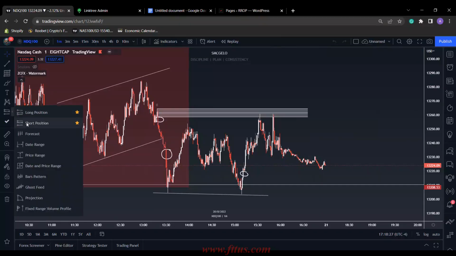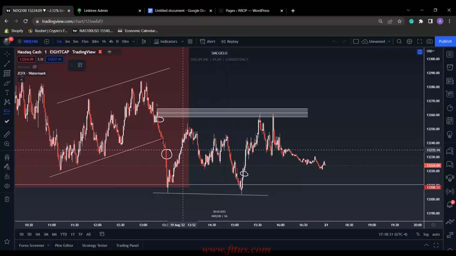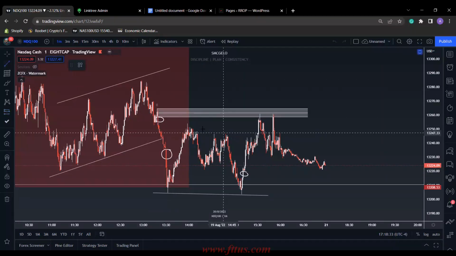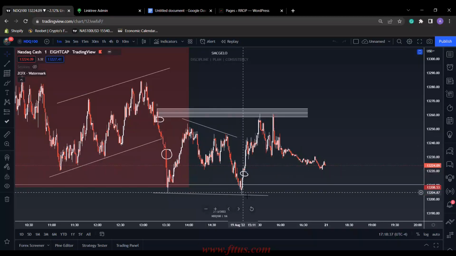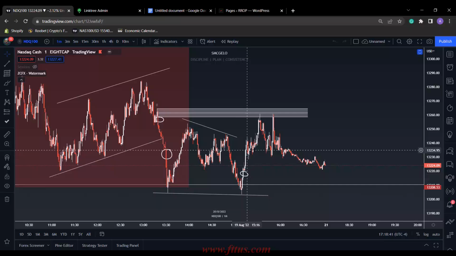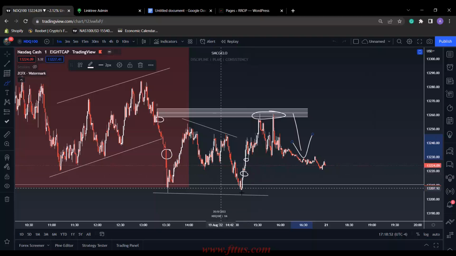As you can see, price came down, formed a little bit of buy side liquidity right here. Traded down, made a double bottom, barely took out the lows, came back up to fulfill all these gaps in the market, tapped into our supply zone to then continue down to take out all this down here.